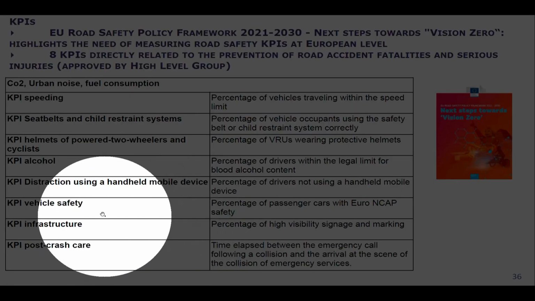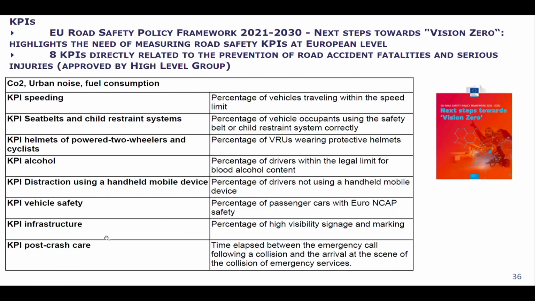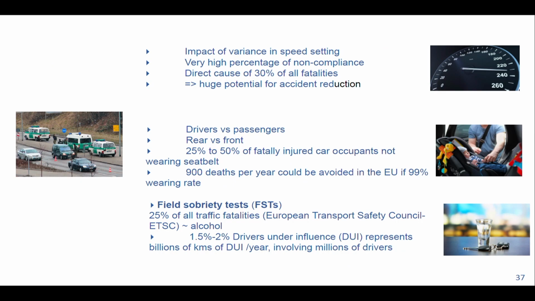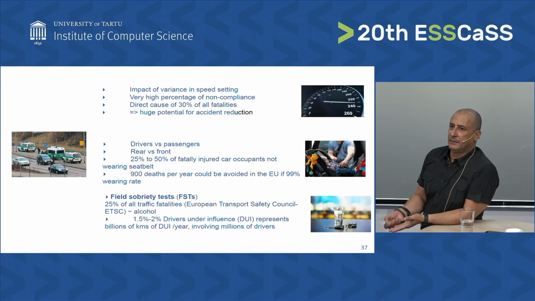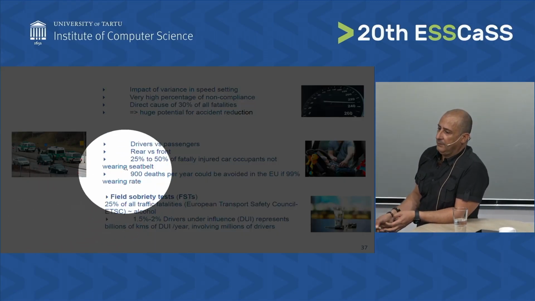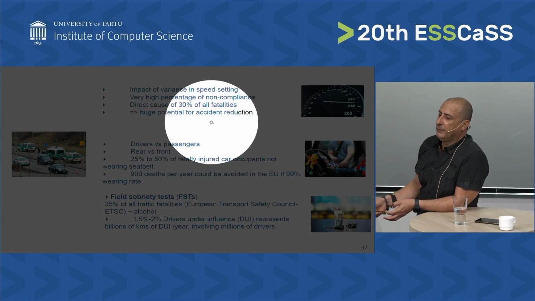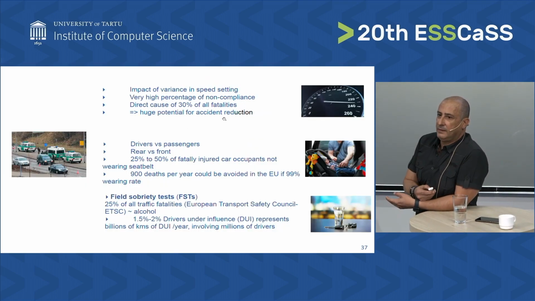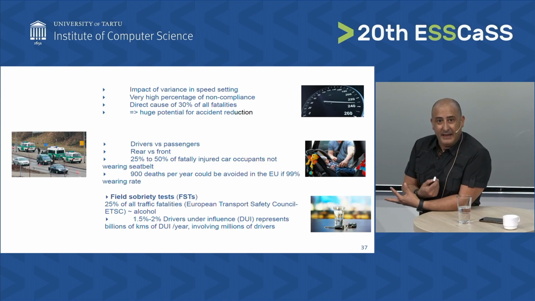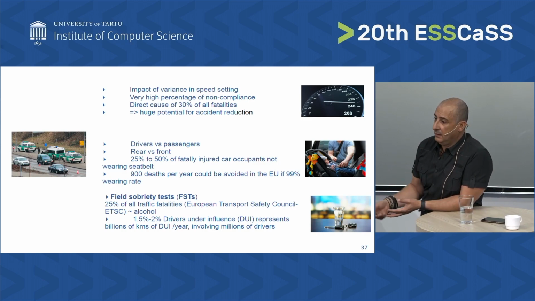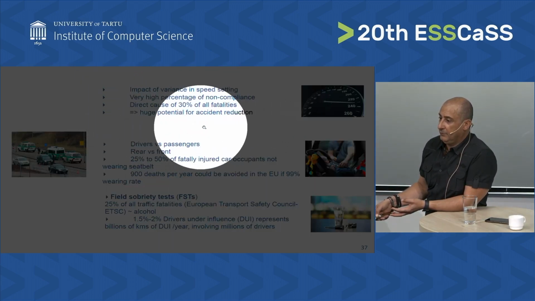What is the vehicle safety? What is the KPI infrastructure? For example, what is the impact of overspeed? You know, it is the direct cause of 30% of all the fatalities. It means that if we better detect the speed, there is a huge potential to reduce car accidents.